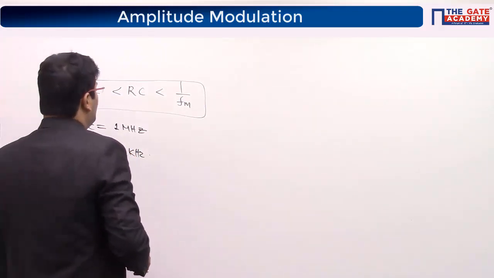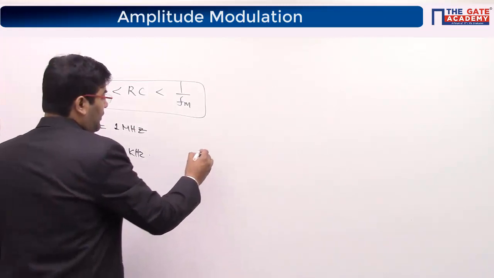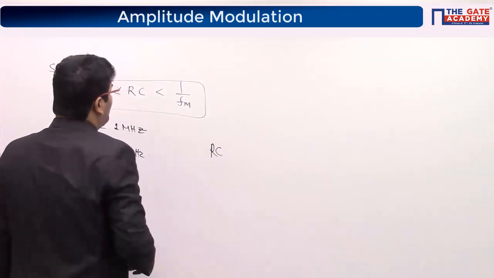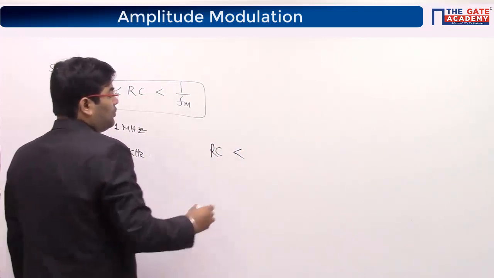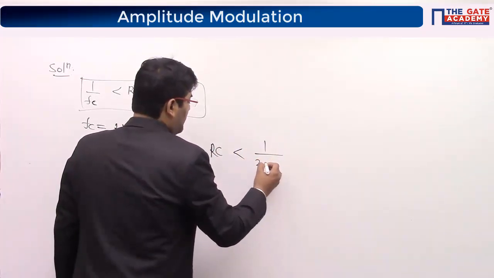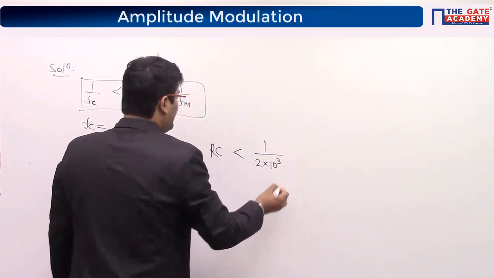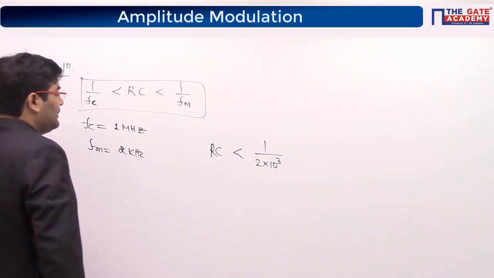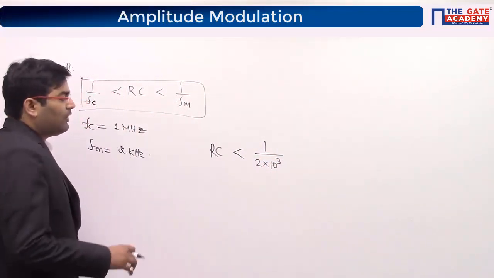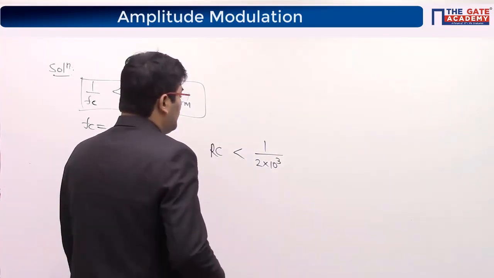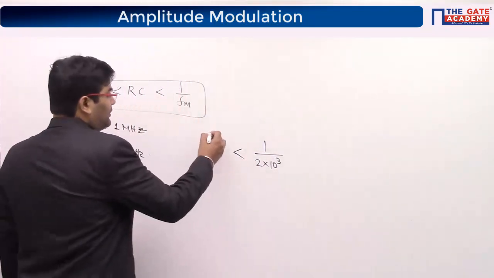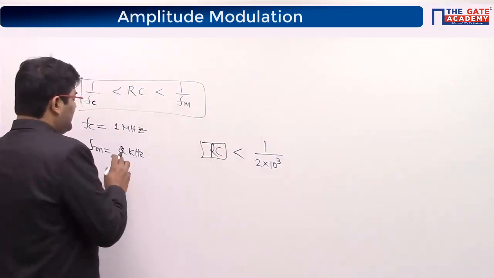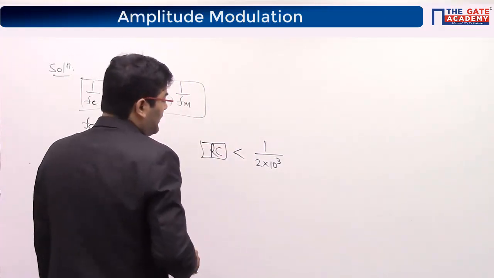If I want to write it, the charging time constant should be less than 1 by 2 into 10 to the power 3. This is in seconds. This is the time constant, and this is 1 upon 2 into 10 to the power 3.